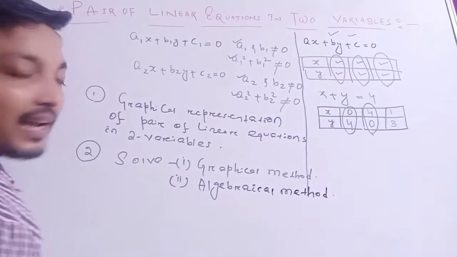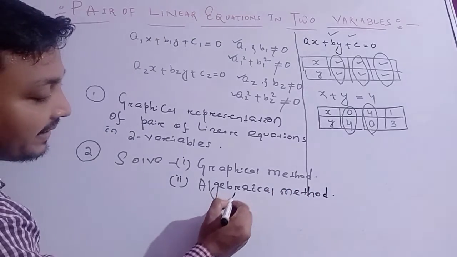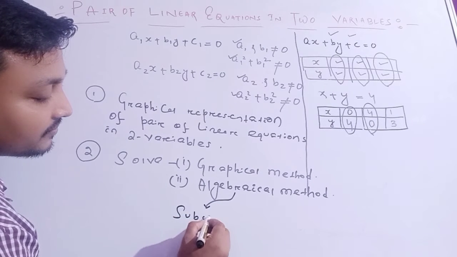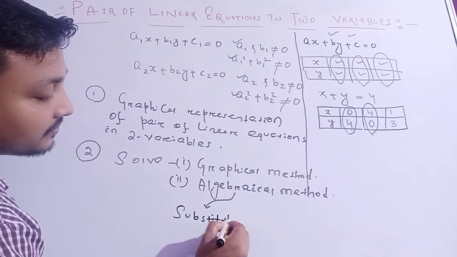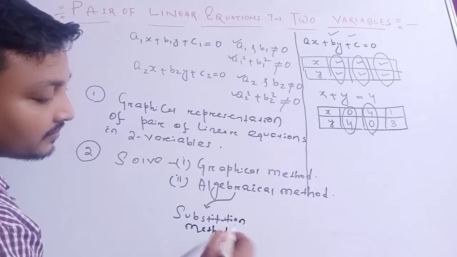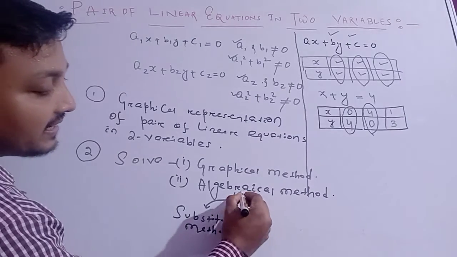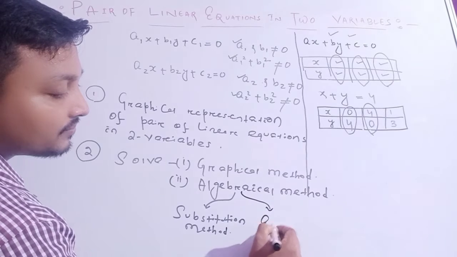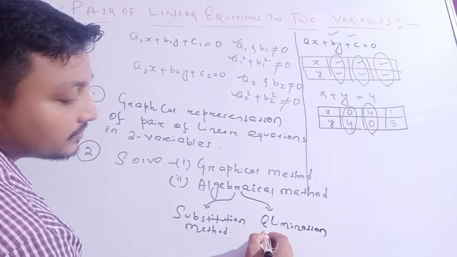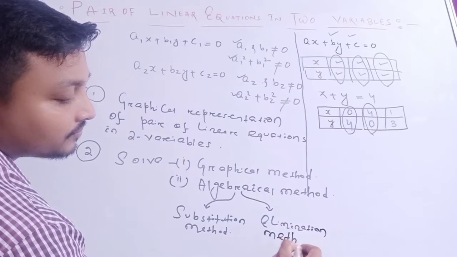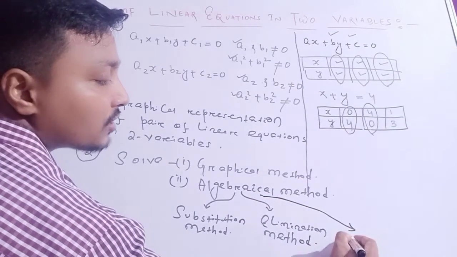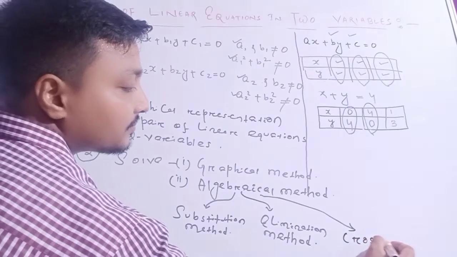Under the algebraic method, the first one to be discussed is our substitution method. The next is our elimination method. The next is our cross multiplication method.